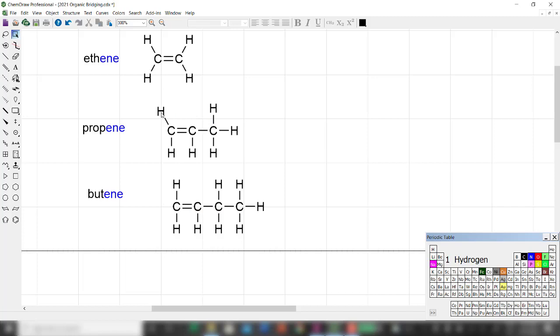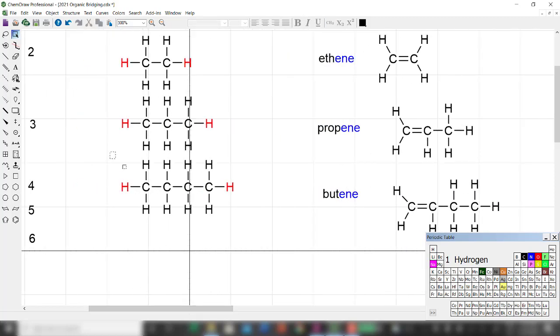Let me make it a trigonal planar geometry first. If I put the double bond between the first two carbons, it will definitely be different from putting it in the next two carbons.